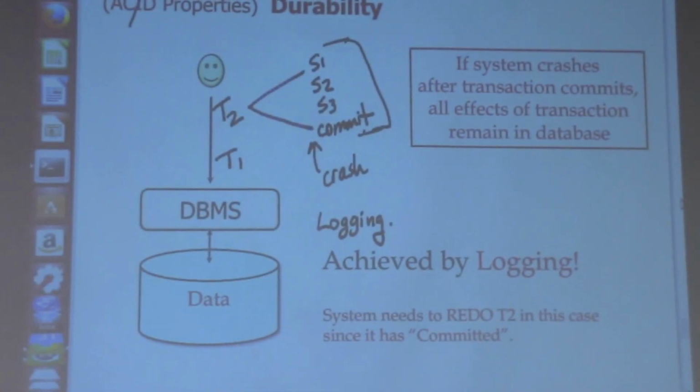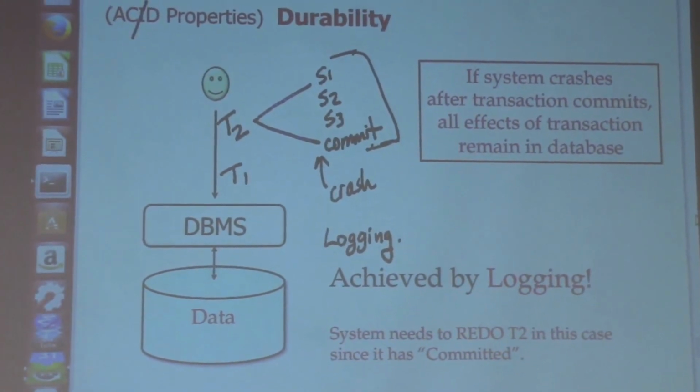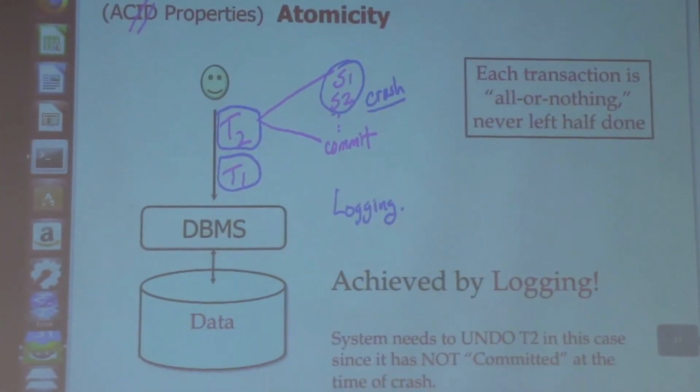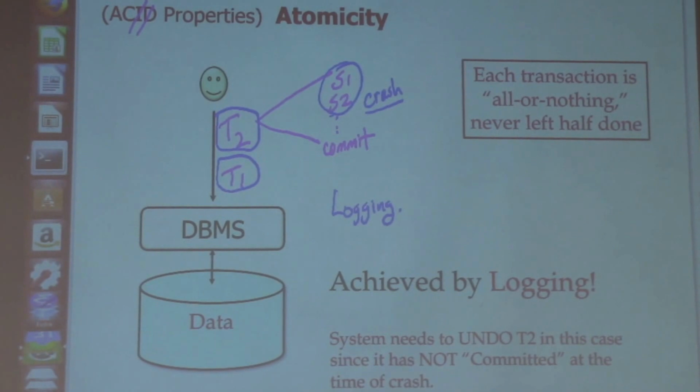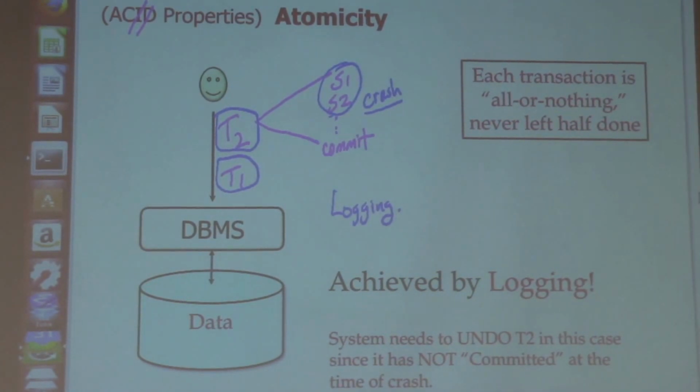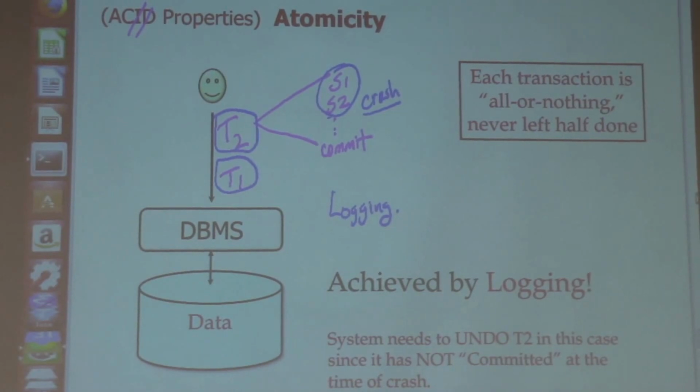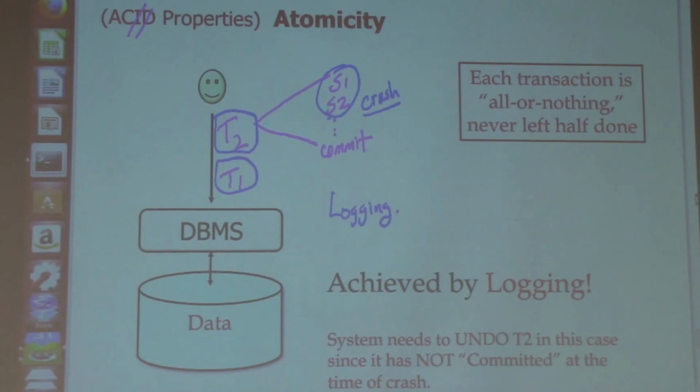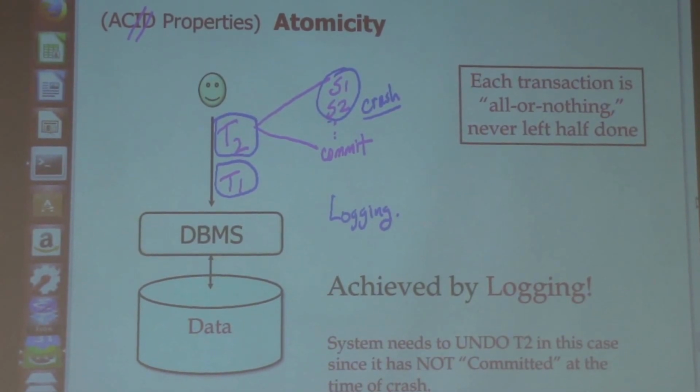What about atomicity? Well, atomicity is also achieved by logging, because by logging the actions you have done, I can either redo or undo. Undo is to ensure none has happened. Redo is to ensure everything must have happened.